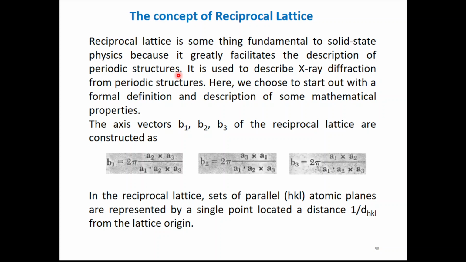So it's like the periodic structure which is also described in reciprocal space. So it's used to describe X-ray diffraction from periodic structures. Here we choose to start out with a formal definition and description of some mathematical properties.